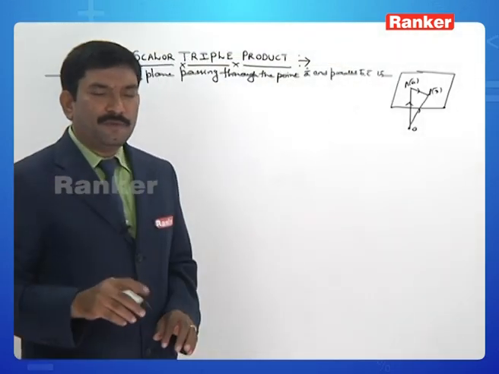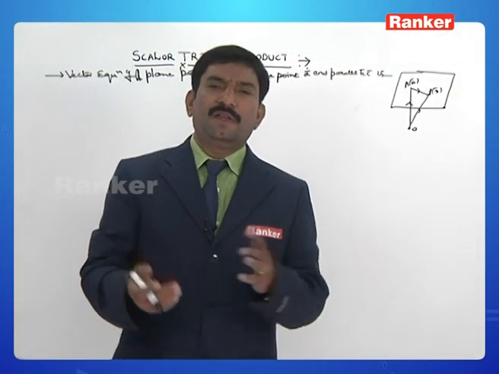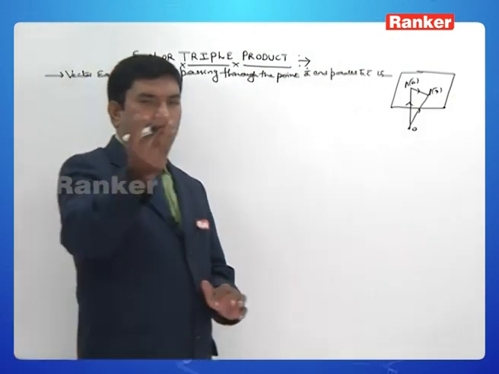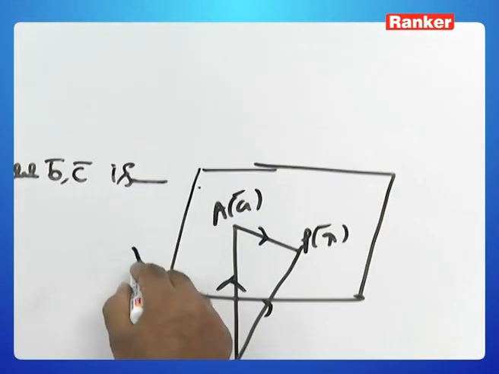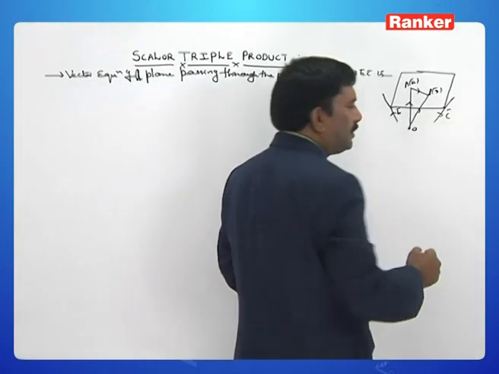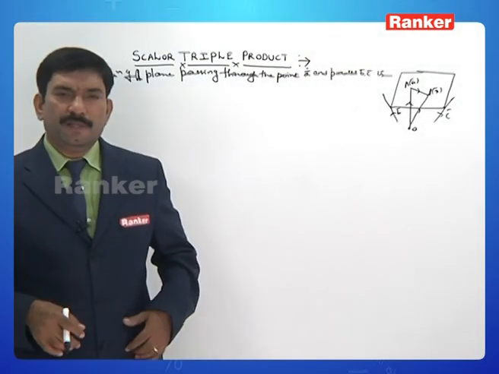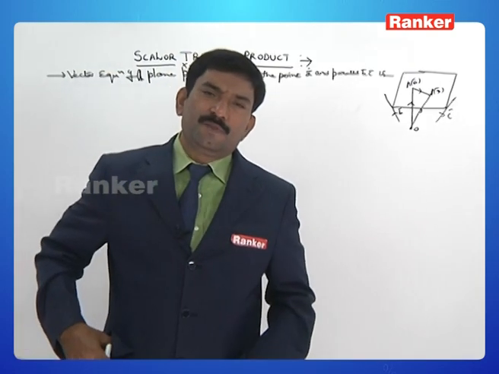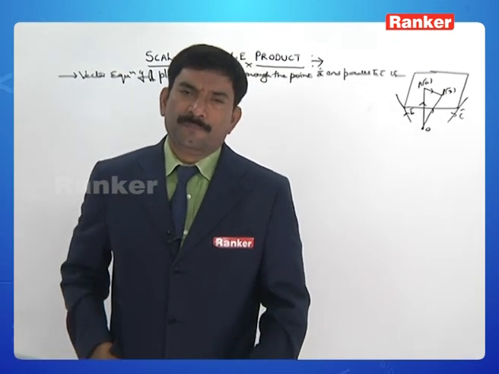When one point is given, you have to select a second point to name it in the plane equation. Meanwhile, this is B bar, this is C bar. Now the plane is parallel to B bar and C bar, or else the vectors B bar and C bar are parallel to the plane.